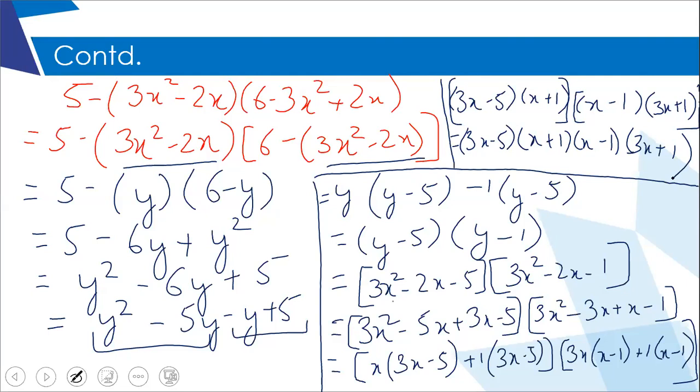If you are stopping over here, at this step which all of you did, you will not get full marks, because you clearly see that both brackets have quadratic expressions which can be split into two more parts.